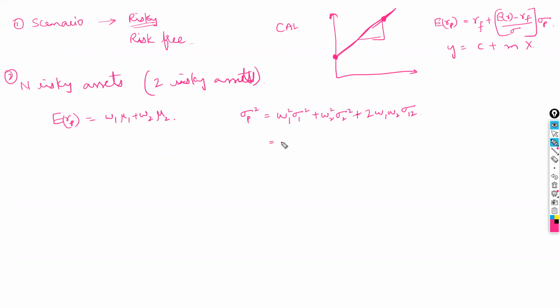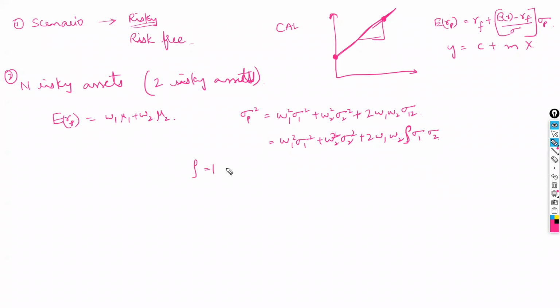So here, this is W1 square sigma 1 square plus W2 square sigma 2 square plus 2 times W1 W2 sigma 1 2. This sigma 1 2 is called covariance. Covariance is written as correlation rho into standard deviation of 1 and 2. This is correlation coefficient, standard deviation.